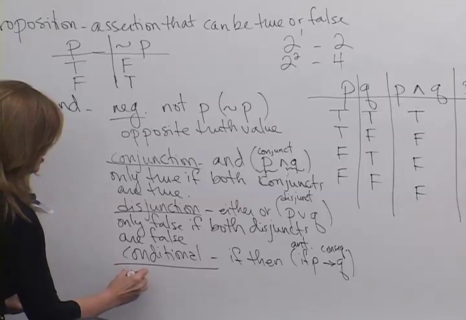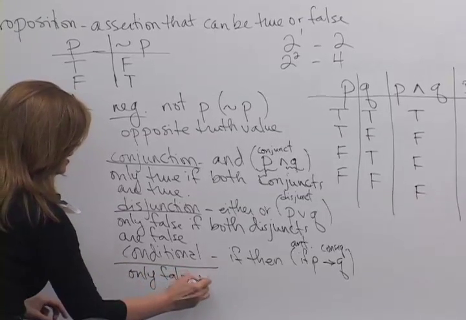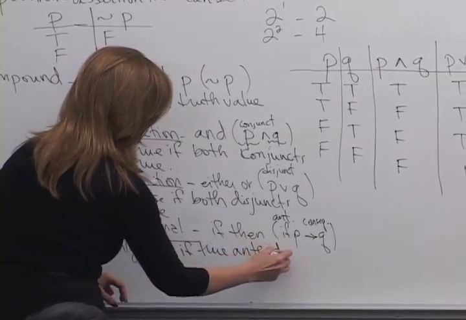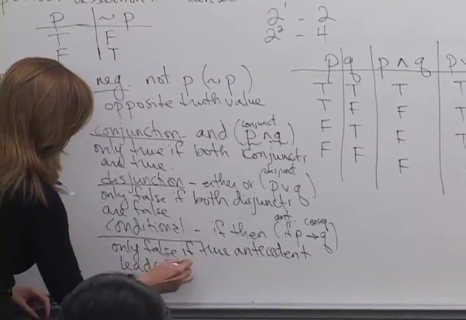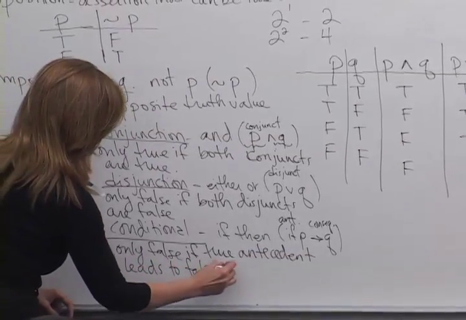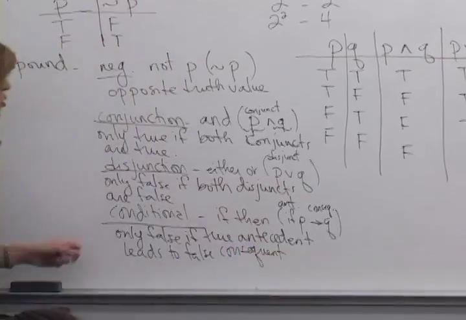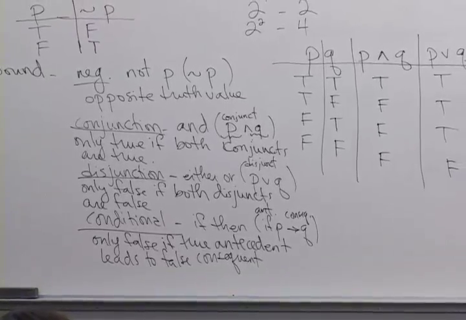So, it is only false if true antecedent leads to false consequent. So it is only false if a true antecedent leads to a false consequent.